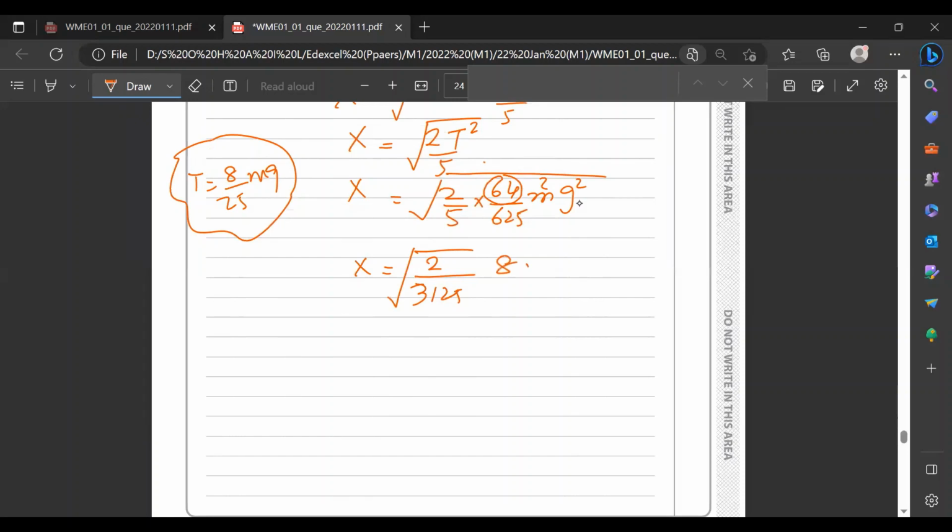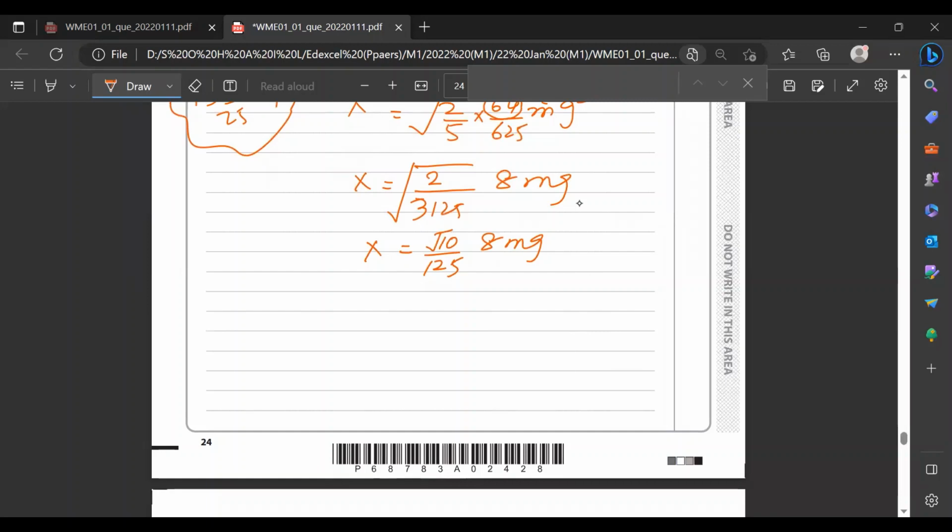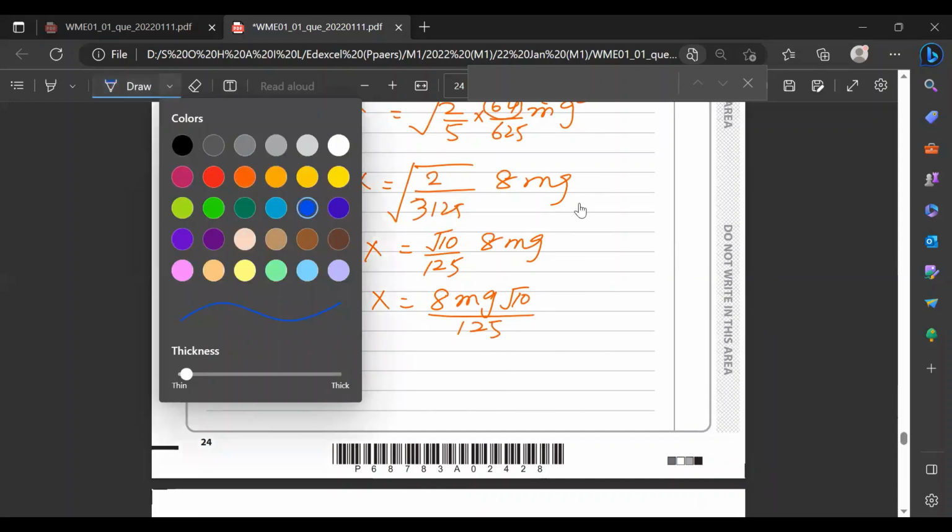The rest I can write as 8 mg, and if you use a calculator you can find this answer as finally equal to 8 mg root 10 over 125, or x is equal to 8 mg root 10 over 125.